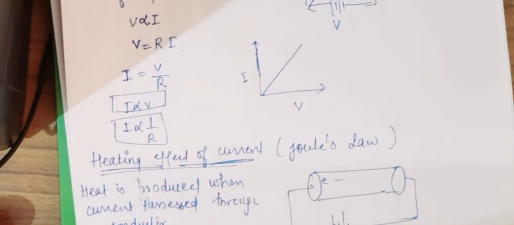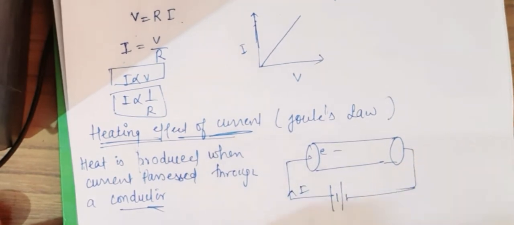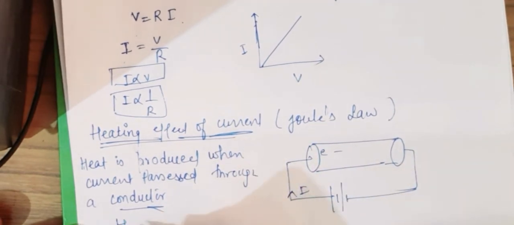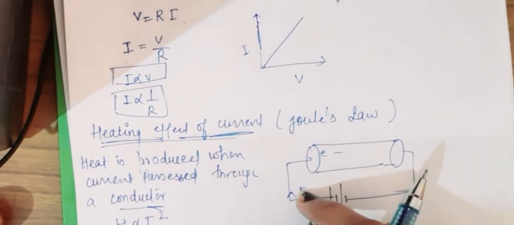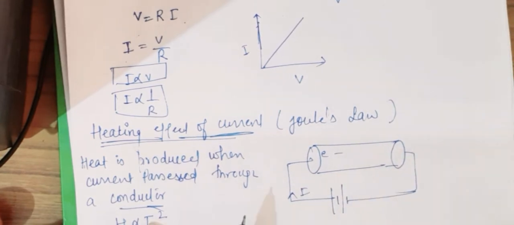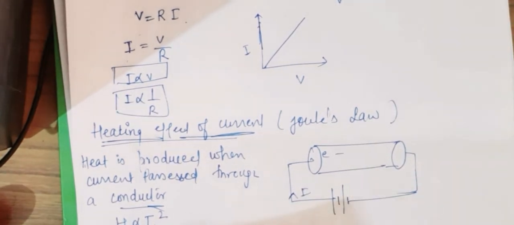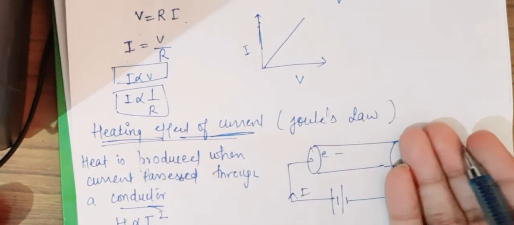According to this concept, as we provide current to a circuit, heat is directly proportional to I square, because if more current is provided to the circuit, more heat is produced. So heat is directly proportional to the square of current according to Joule's law of heating effect.